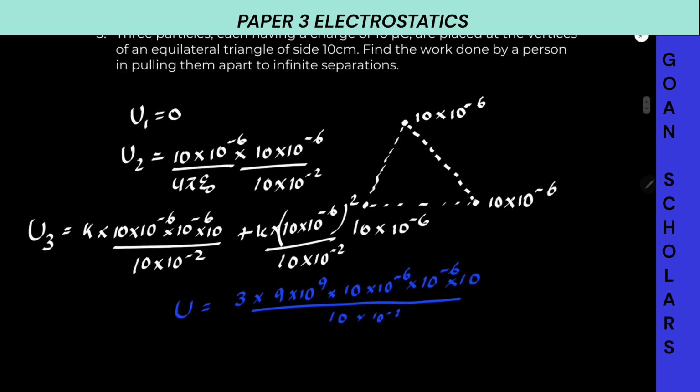When you simplify, 9 threes are 27, and 10 into 10 is 100, giving 10 to the power minus 12 and 10 to the power minus 1 divided by 10 to the power minus 1, so you are left with 27 joules. That's your answer for this particular problem. I hope this is clear.